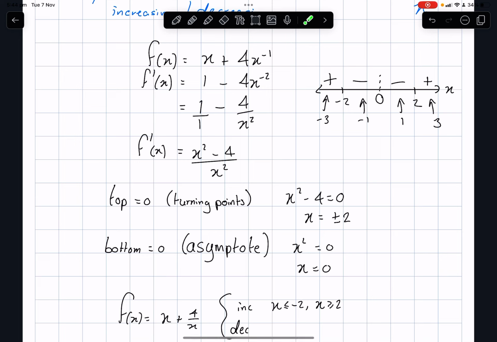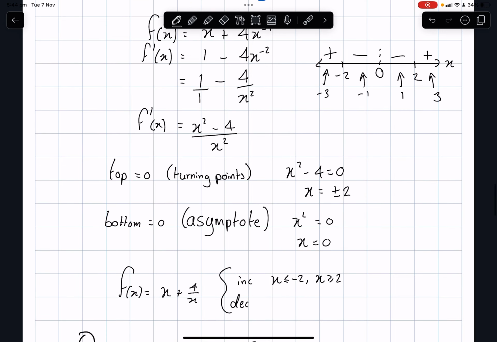Now, it's decreasing between this whole region here, but it cannot equal 0. So I've got to put that condition on it too. So -2 is less than or equal to x, which is less than or equal to 2, but we'll denote it with a comma. X cannot equal 0. Okay, so that asymptote means my function cannot equal that point.